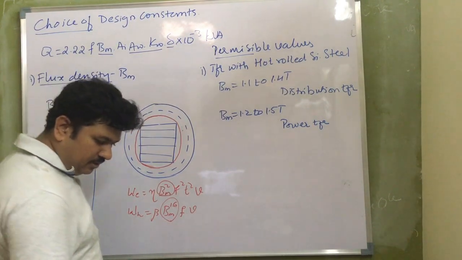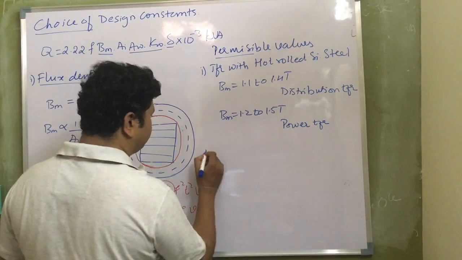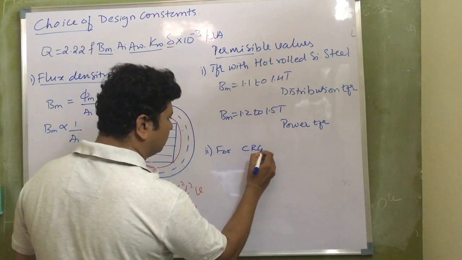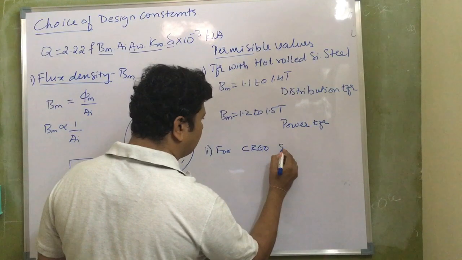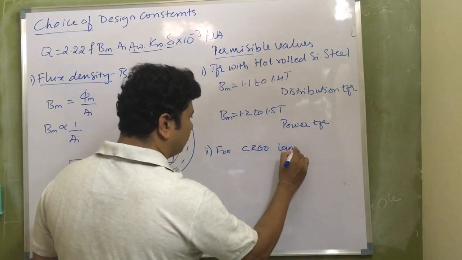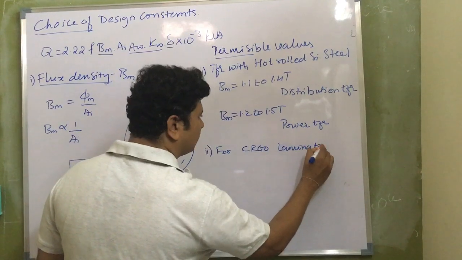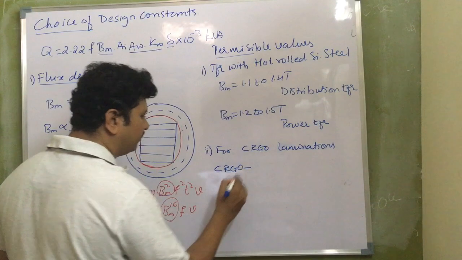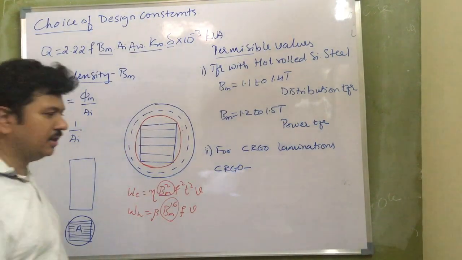Then for a CRGO core or CRGO laminations, CRGO is cold rolled grain oriented.